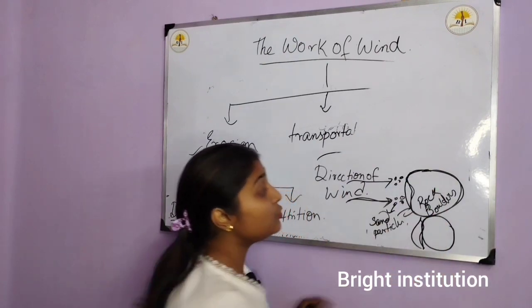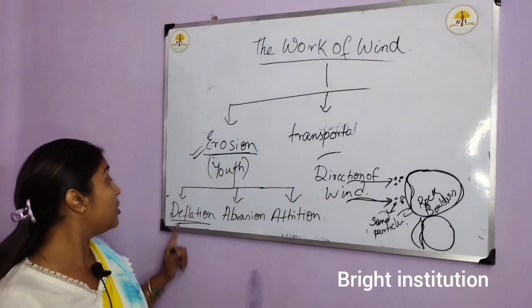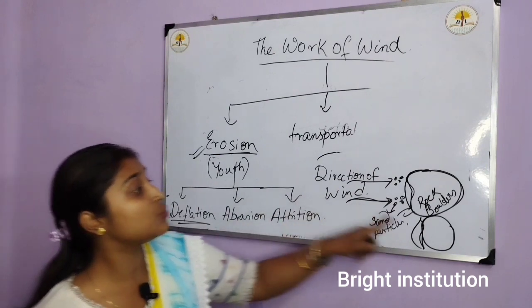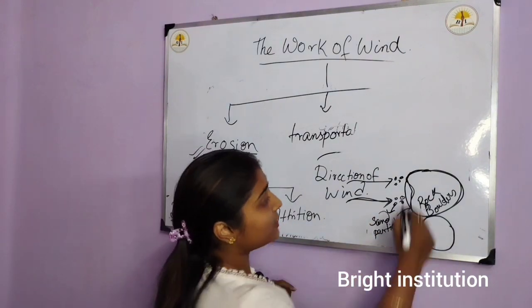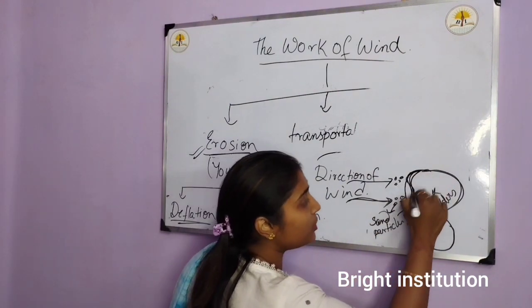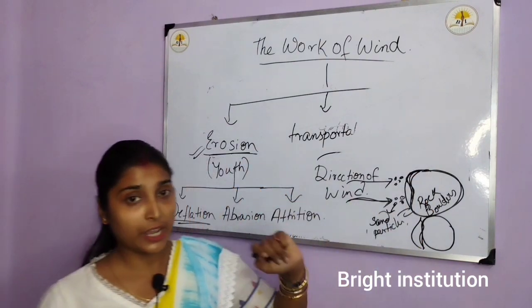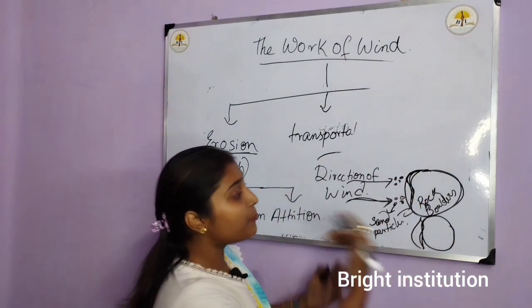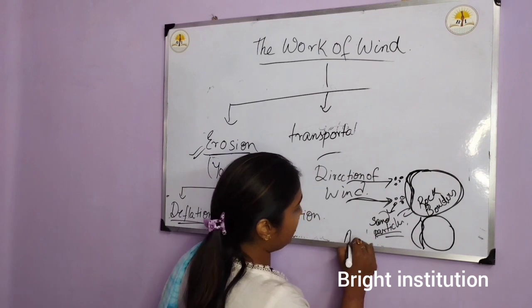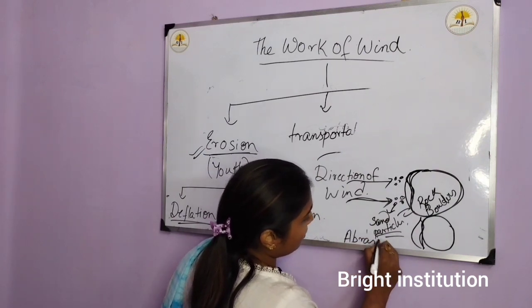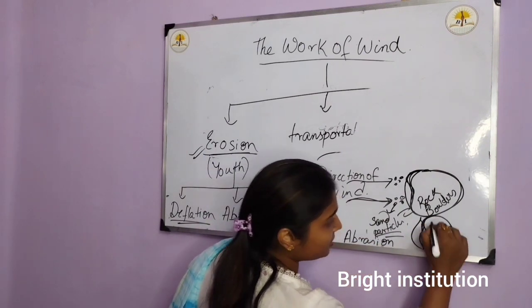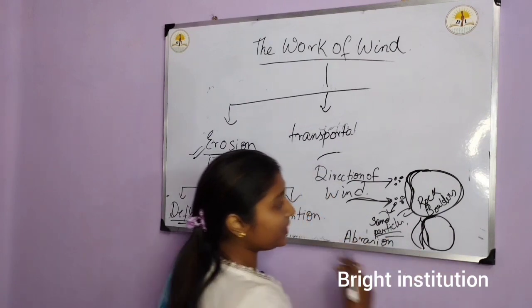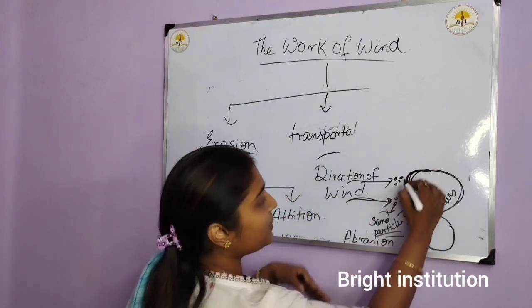And their size will be reduced. Why will their size be reduced? Because of the process of abrasion. This is one erosional process where the rock particles or rock boulders have their shape deformed or polished because of the action of abrasion. This is polished because the sand particles collide with this part.